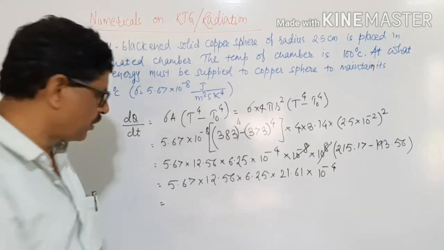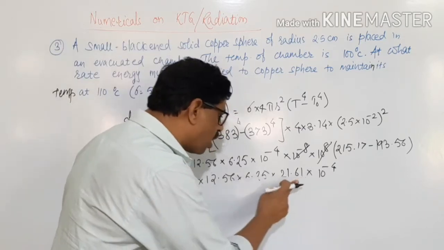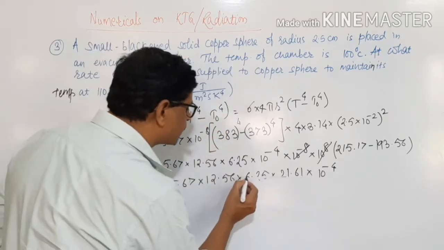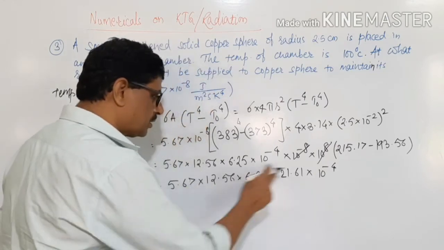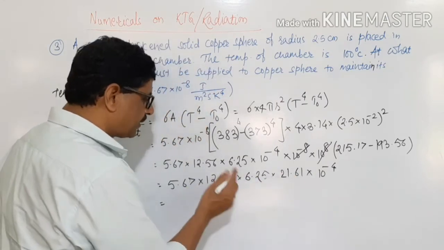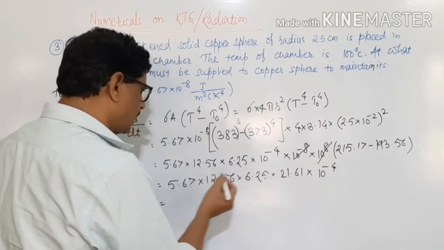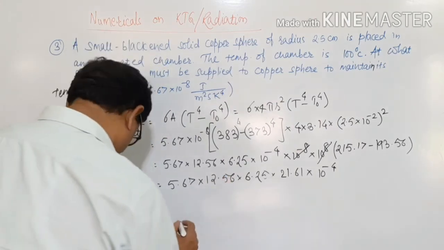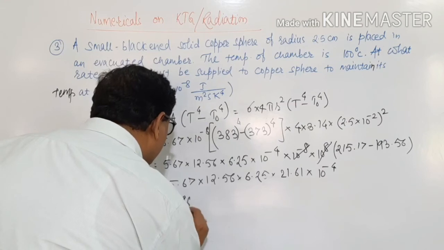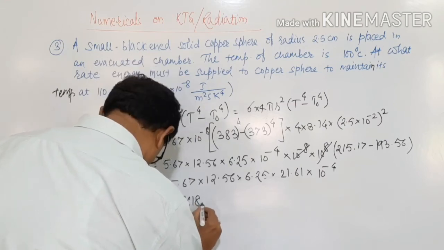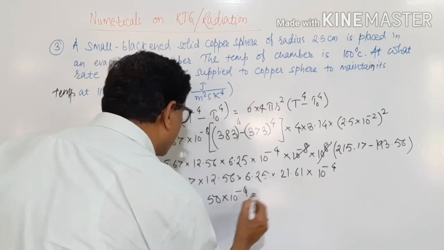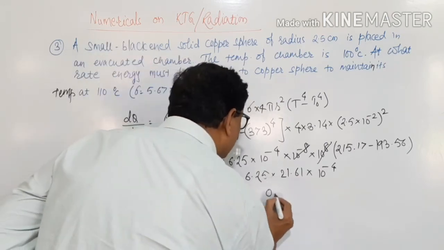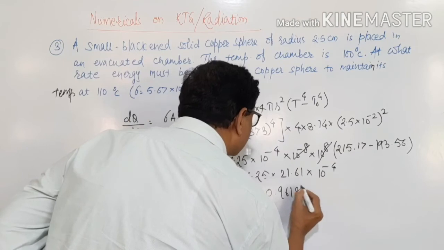In log table we have to take the addition of the logarithms of all the values and then take the anti-log. The answer comes out to be equal to 9618.50 into 10 to the power of minus 4, and ultimately it comes out to be 0.9618.